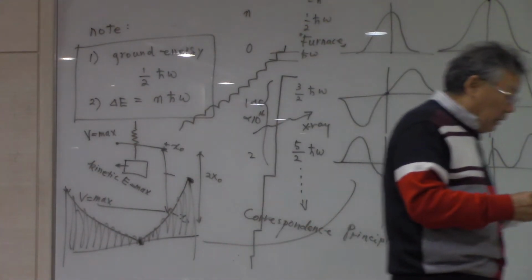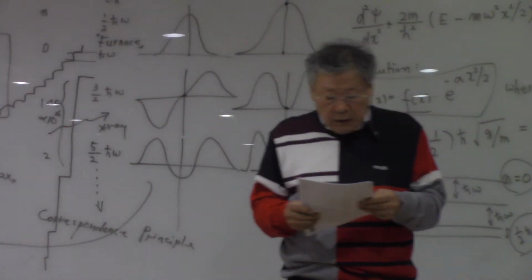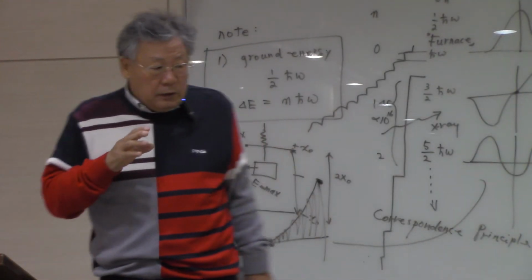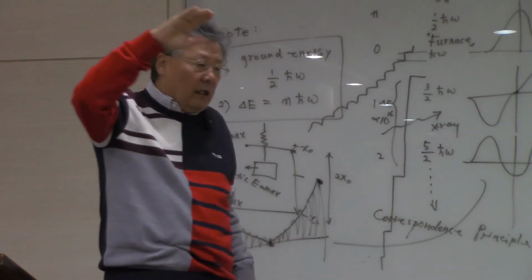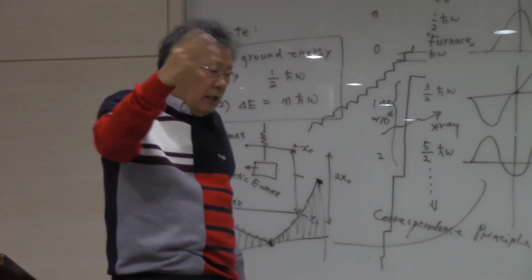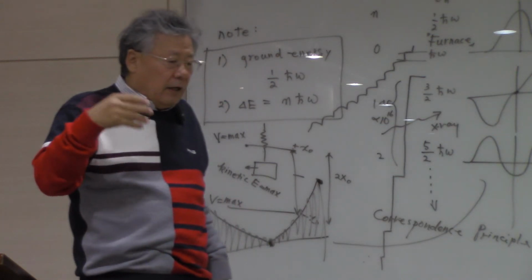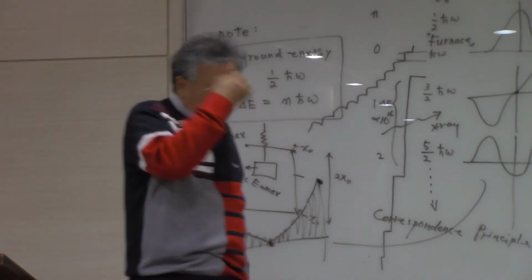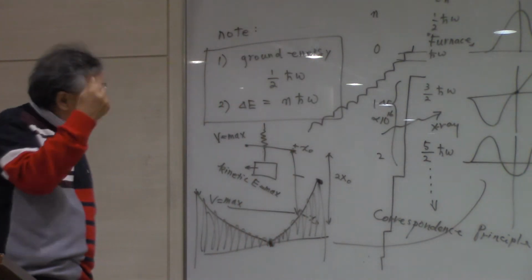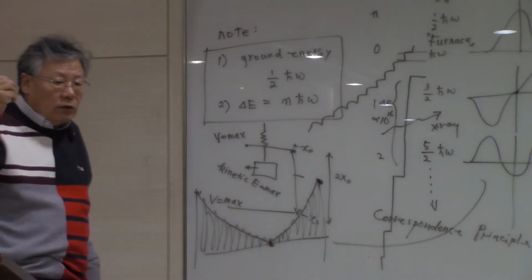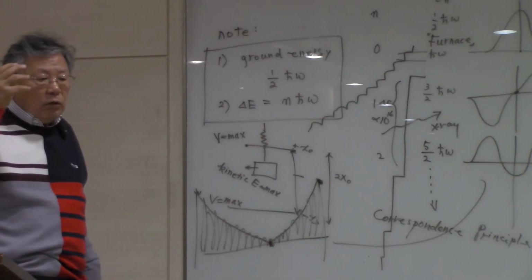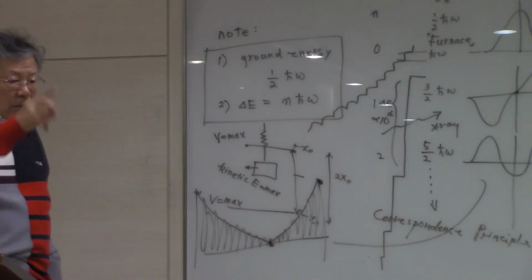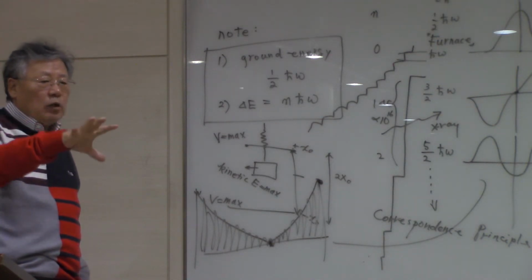And the next section is the hydrogen atoms. We start out with the string, and then we cover the lattice wave, light wave, and matter wave. In the matter wave, we use the Schrödinger equation, and that equation has the potential energy in it.